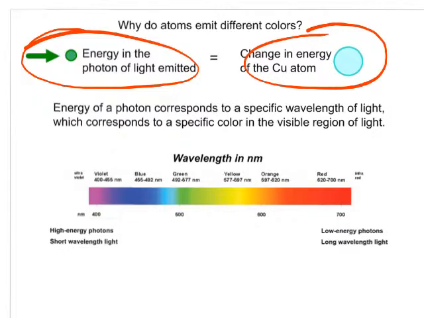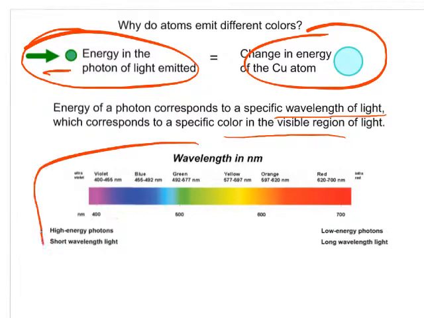So as the electron went from a higher energy level down to a lower energy level, it lost a very specific amount of energy. An amount of energy that is exactly equal to the amount of energy in that little photon of light. So that's important to know because the energy of a photon corresponds to a specific wavelength of light. Okay? And a wavelength of light corresponds to a color in the visible region, the visible spectrum.